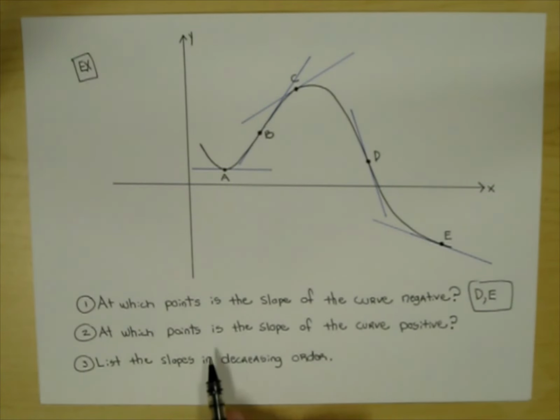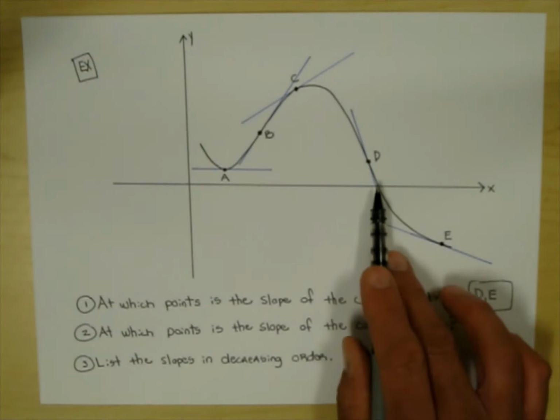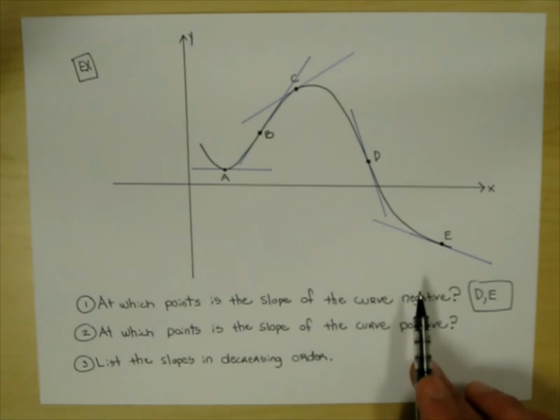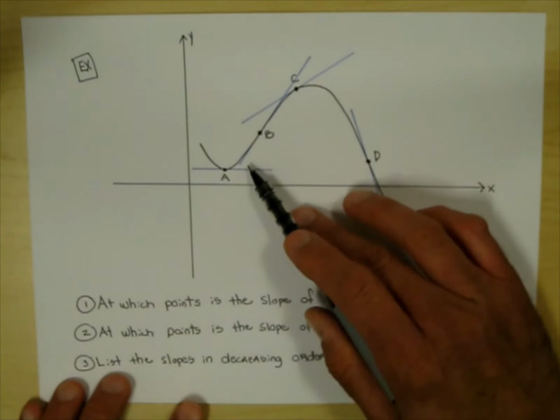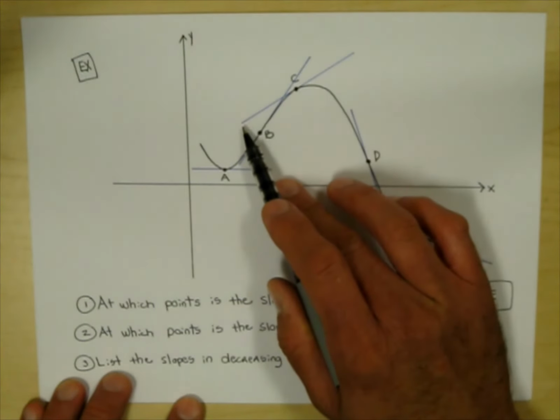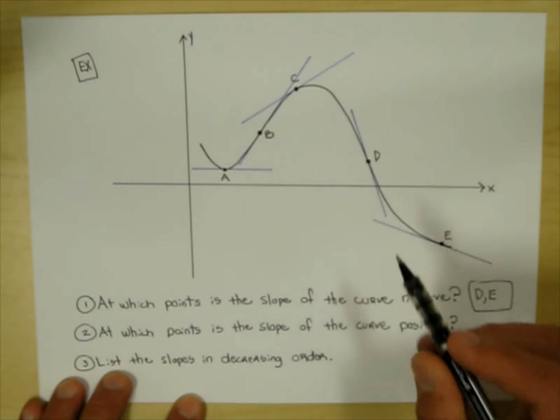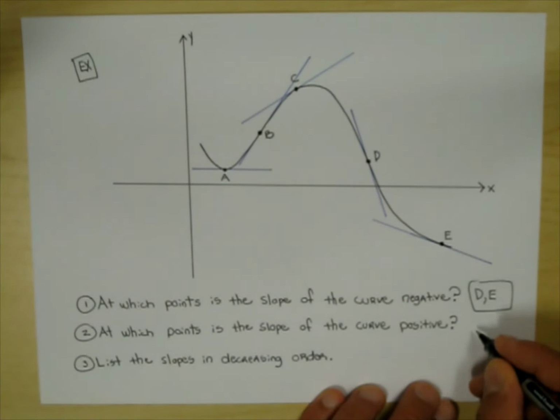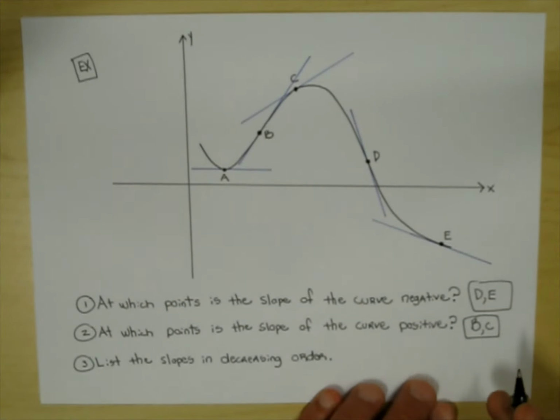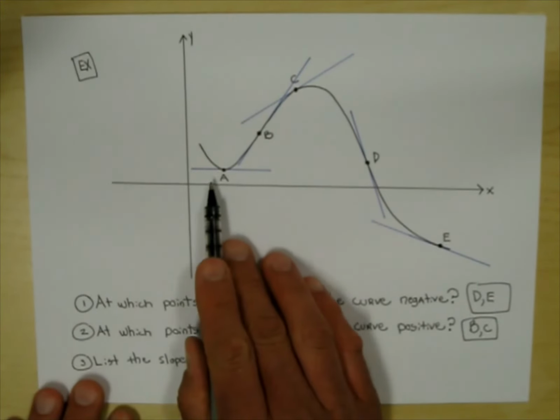Okay, at which points is the slope of the curve positive? That's where the tangent line, when reading from left to right, goes up. So we can eliminate D and E because that's going down, and it looks like at B it's going up, and at C the tangent line is going up. So we're going to put that for our answer for part 2: B and C. Now you might be wondering, what about the tangent at A?